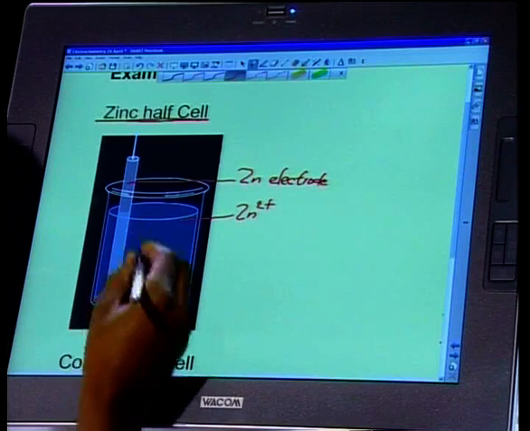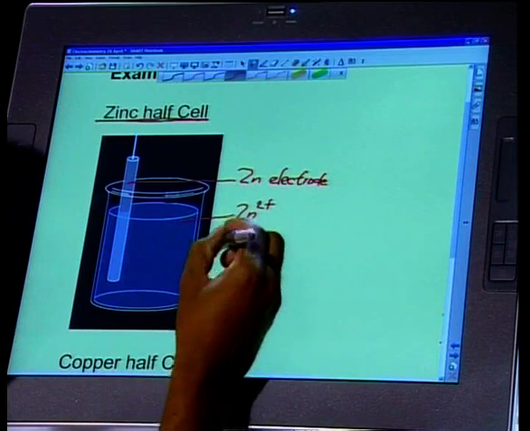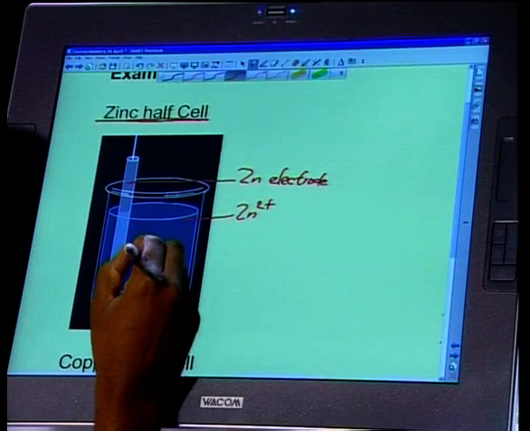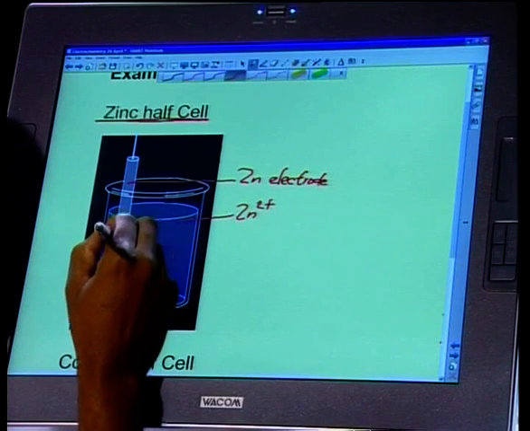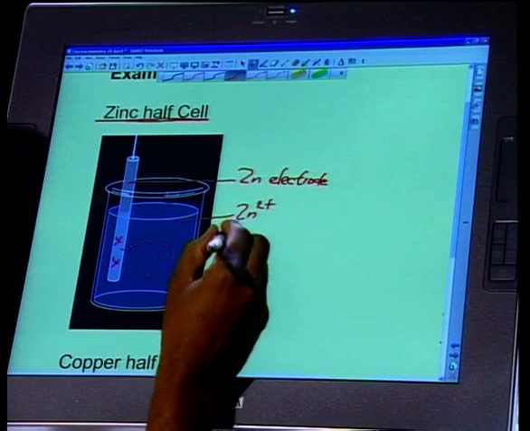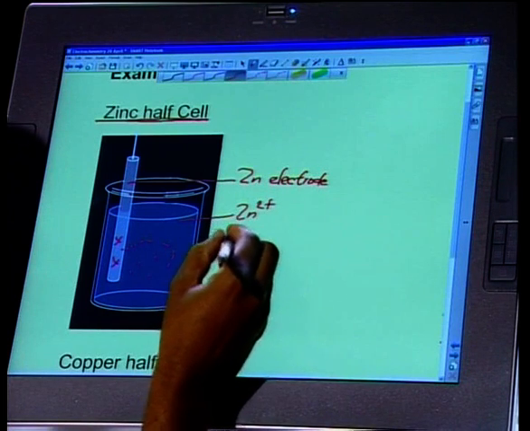Actually, in chemical terms, something is happening here. There is a reaction inside this solution, between the zinc electrode and the solution. And what is that reaction all about?